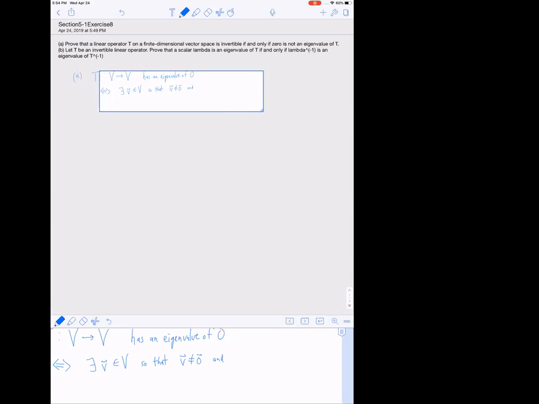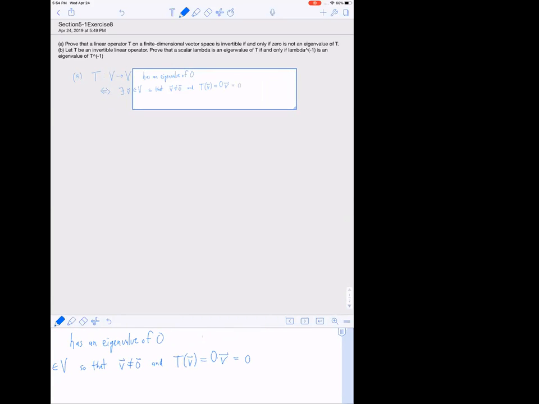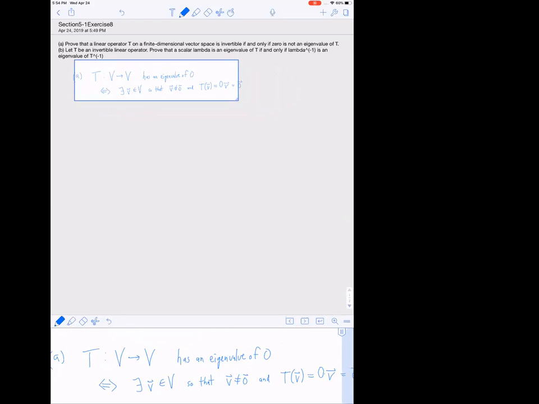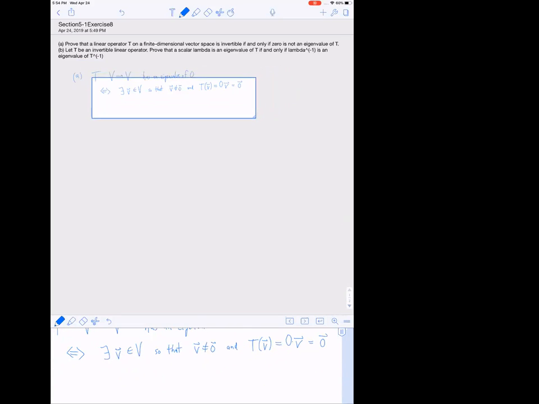And when you apply the linear transformation T to the vector v, you get the eigenvalue times the original vector v. But if the eigenvalue is 0, that means that you're scaling the vector by 0, which then, of course, is the 0 vector. So in other words, T has an eigenvalue of 0 if and only if there is a vector that is not 0, but gets sent to 0 by T.